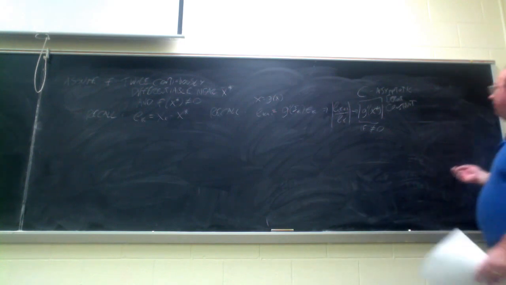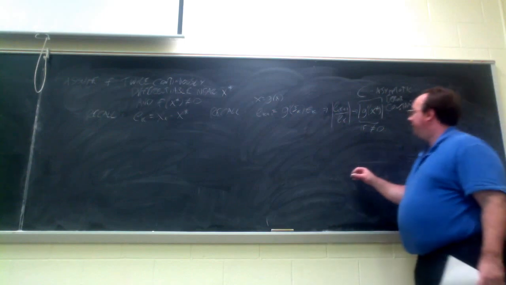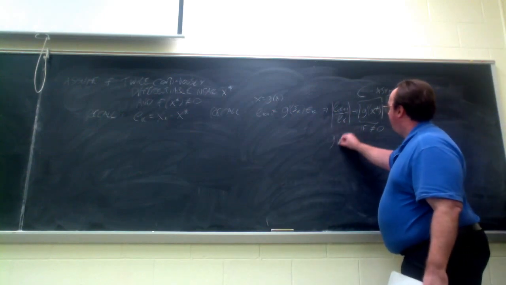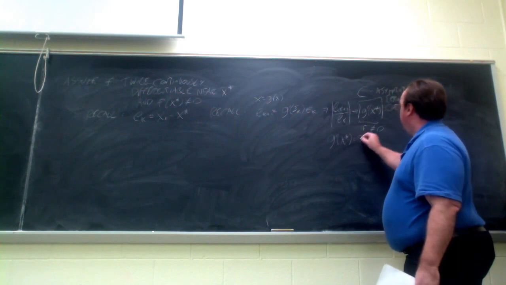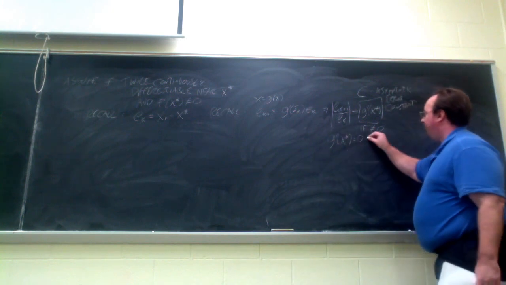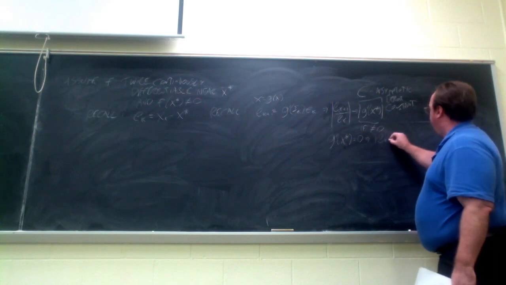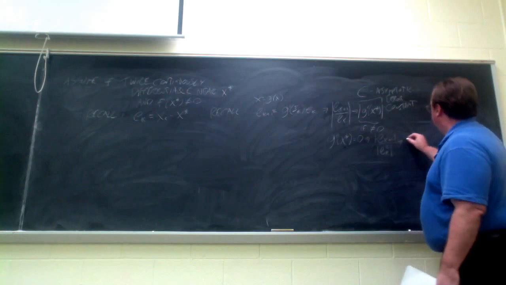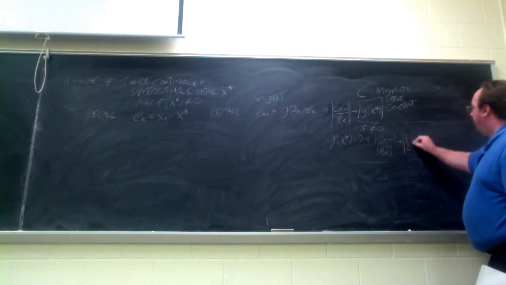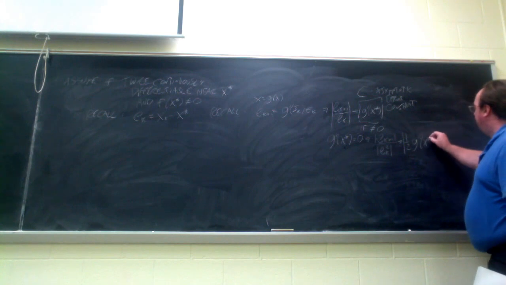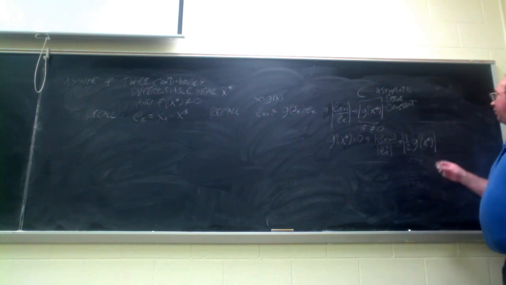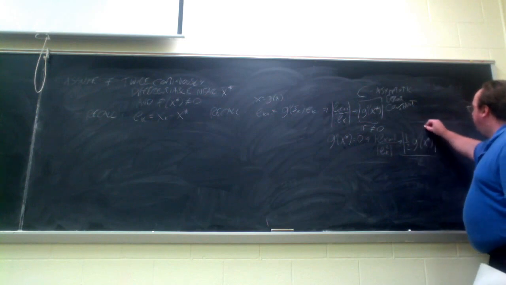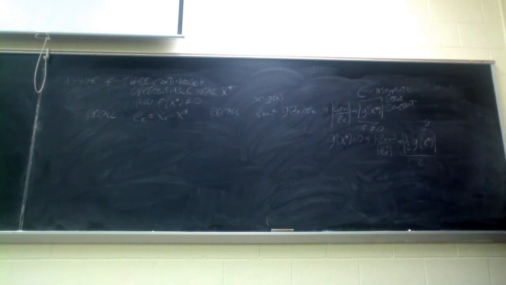But what we also saw was that if g prime at the root does equal 0, then e_{k+1} over e_k squared converges to 1/2 g double prime at x star. So this is quadratic convergence, and this is your C, assuming this is non-zero, and so forth. So however many derivatives of g are equal to 0 tells you your order of convergence.